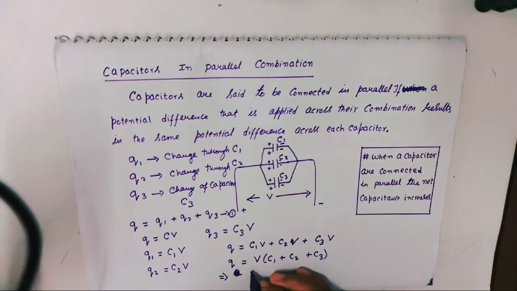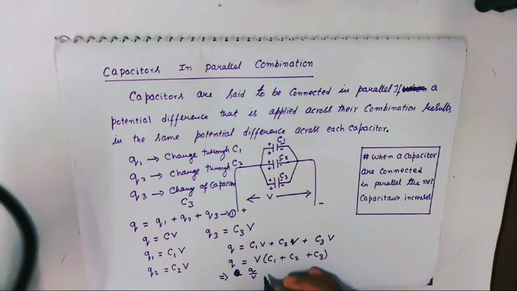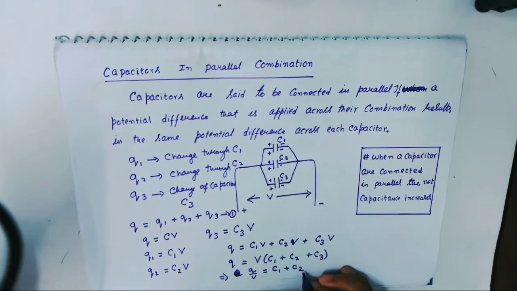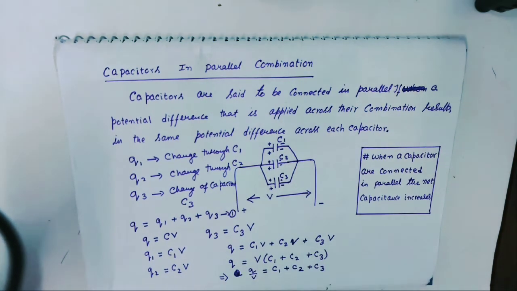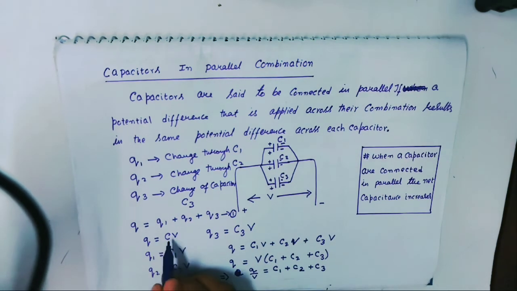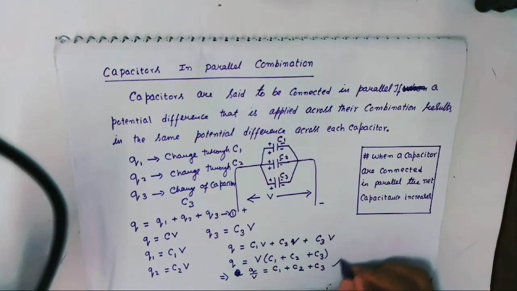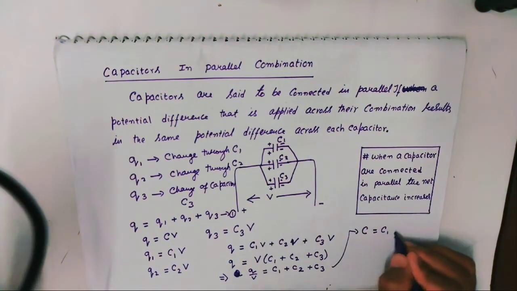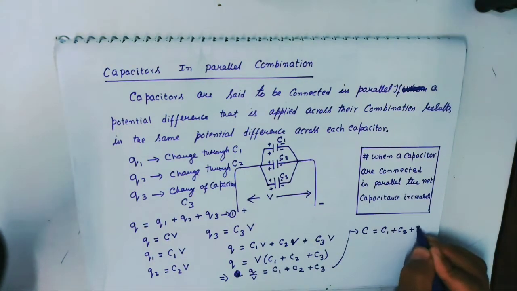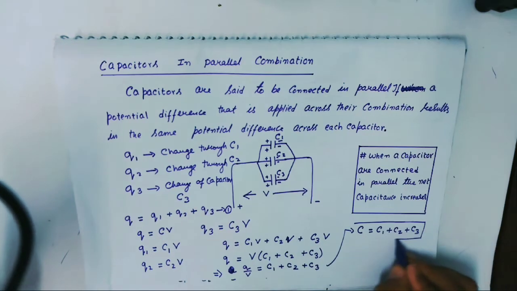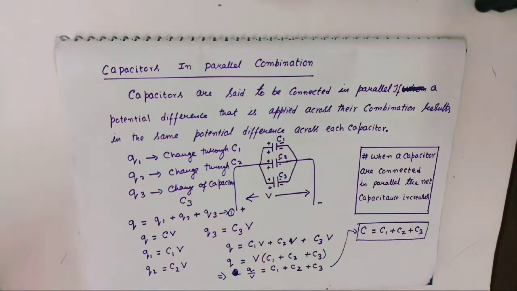This implies that Q by V equal C1 plus C2 plus C3. But what is this Q by V? Q by V is nothing but C. So C is equal C1 plus C2 plus C3. So this is the equivalent capacitance in the case of parallel combination.